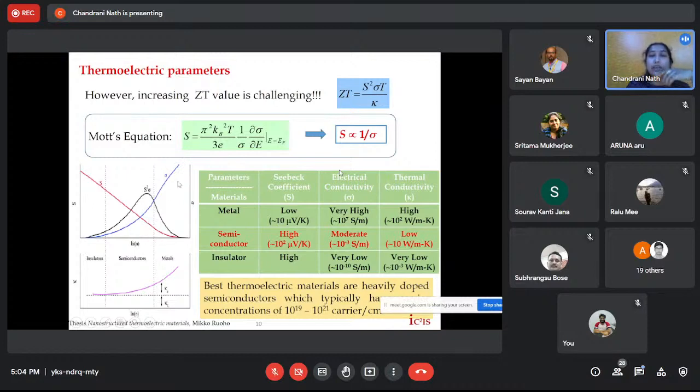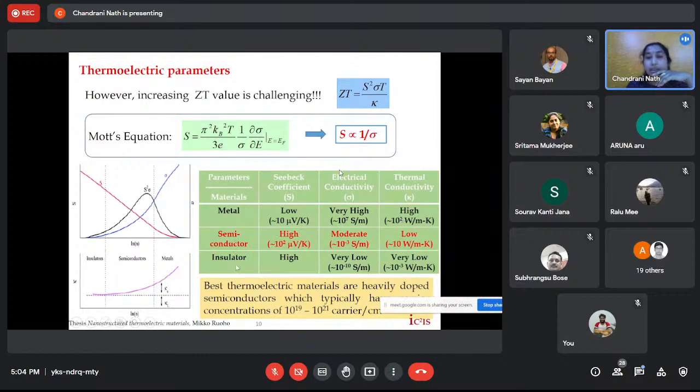Basically, as we know, we have mainly three types of materials: metal, semiconductor, and insulator. This table shows how the different parameters have different values for these three main materials. For metals, we have a very low Seebeck coefficient, very high electrical conductivity, as well as very high thermal conductivity.